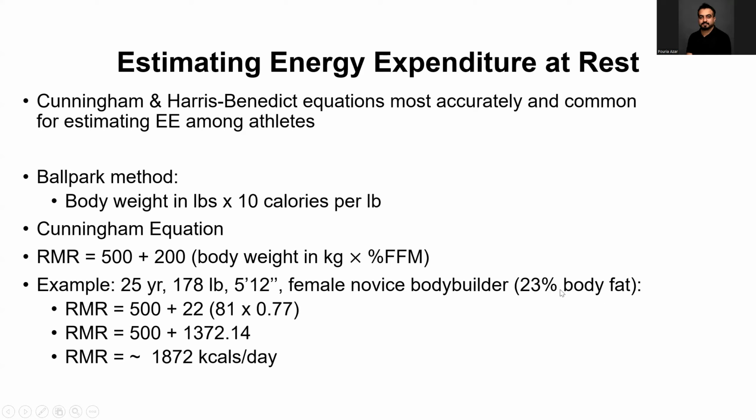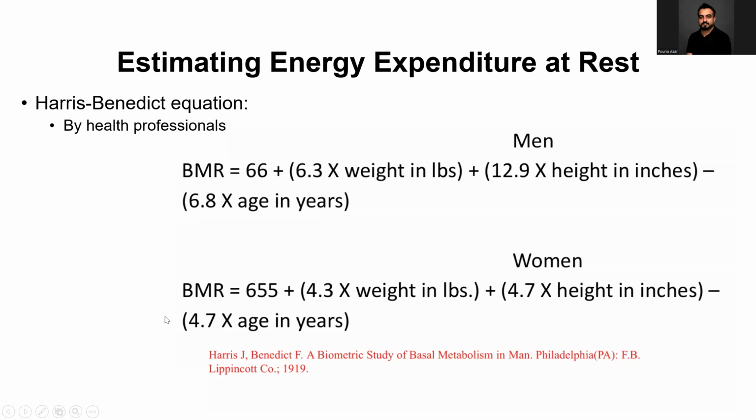This is fat mass, not fat-free mass. So we have to do 100 minus 23, which gives us 73 percent fat-free mass. And if we put it in the equation, we get approximately 1,872 kilocalories per day by using the Cunningham equation.